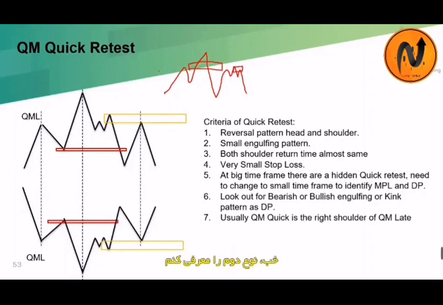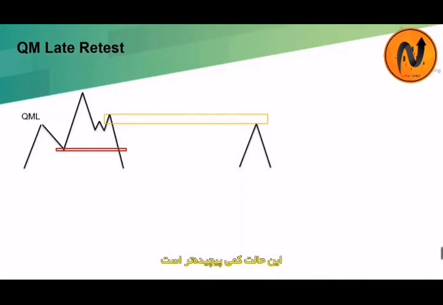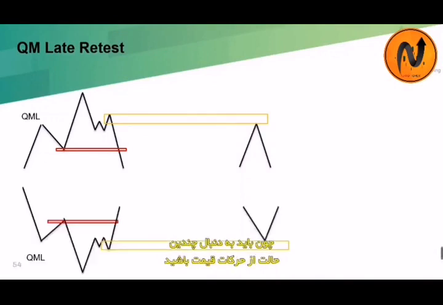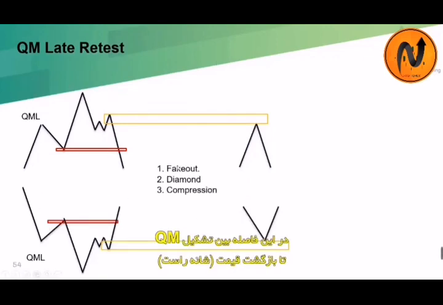Let me introduce the next type of QM. After the quick retest is the late retest. This is a bit complicated because you need to look out for a lot of price action. This is the sell setup and this is the buy setup. Within this range, after the price creates a QML and before it returns, there is a lot of trap.